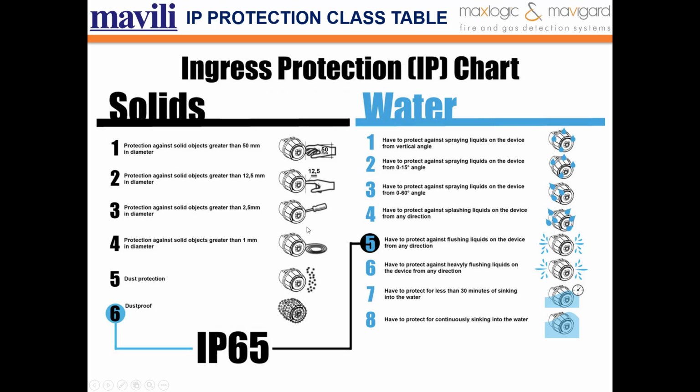You can imagine what kind of solid materials cannot enter this object. Let's talk about IP 65. That means it is dust proof for the solid ones. For the liquid ones, it protects against flushing liquids on the device from any direction.